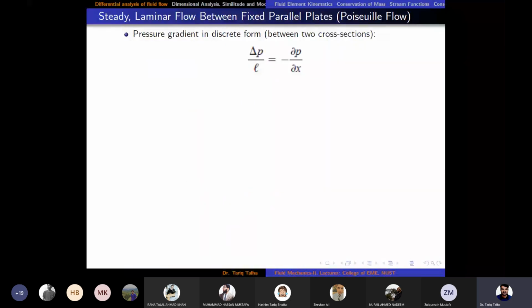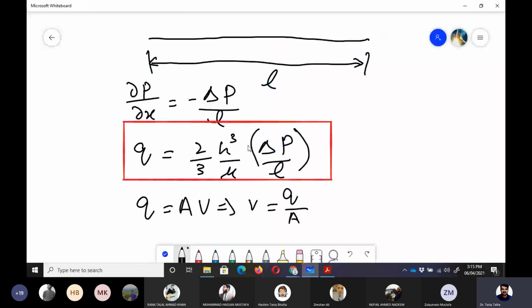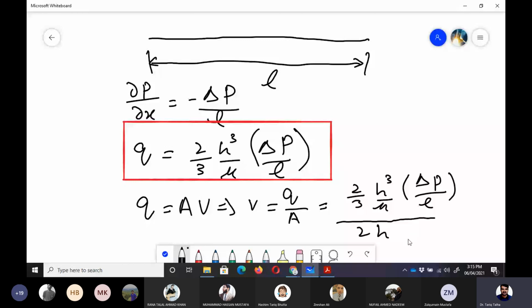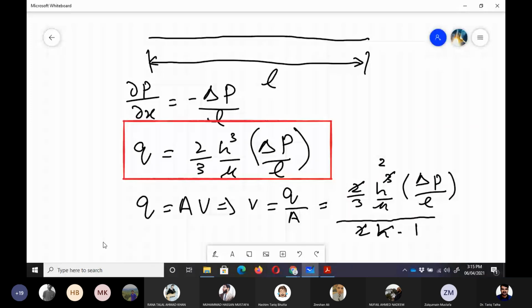So it means that we can say 2 by 3 h cube on mu, delta P by L, divided by area, 2h into 1. So here 2 would be cancelled with this 2, and h would be cancelled with this h cube, it would be h squared.